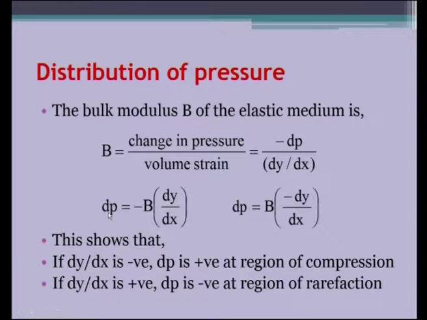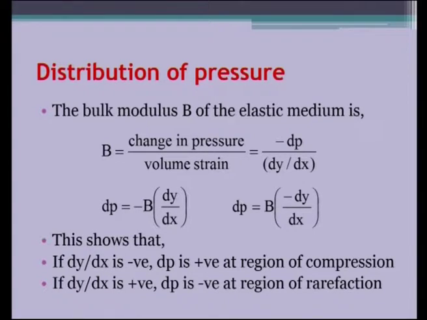So, we can rewrite this equation for the change in pressure dP. So, dP is equal to negative of bulk modulus multiplied with the volume strain dy divided by dx. So, when we write this, we will be able to obtain an expression for the change in pressure.